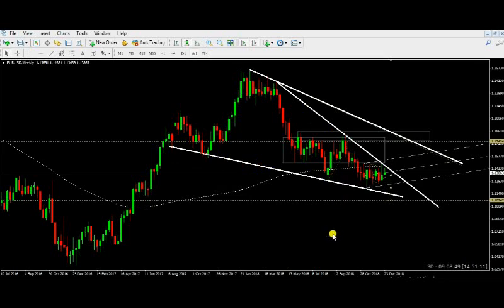So all of these zones are showing us that this price is actually finding an area to rest and perhaps even go longer. However, when price does go longer, or if it goes longer, it has to come to this next area.